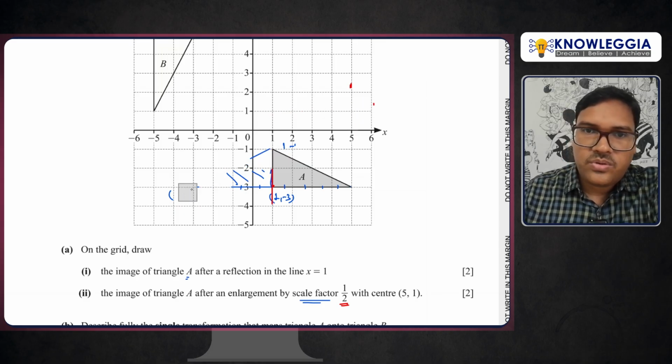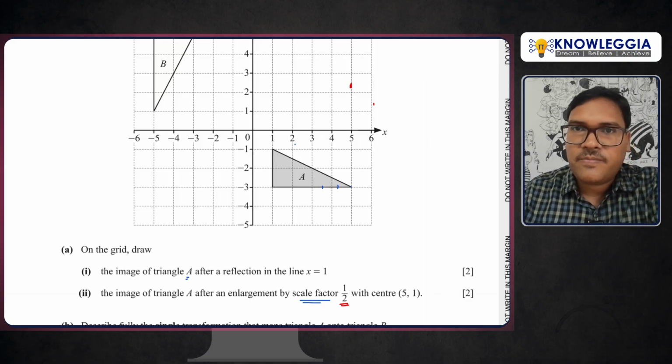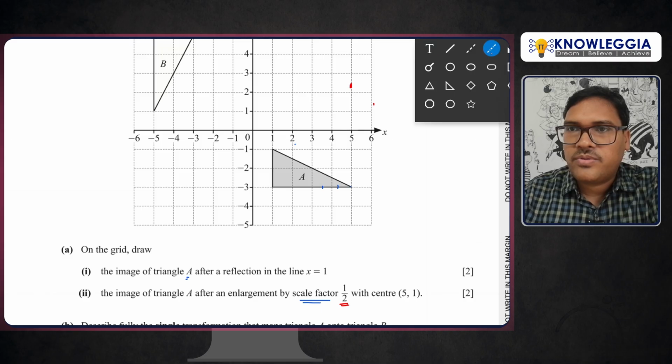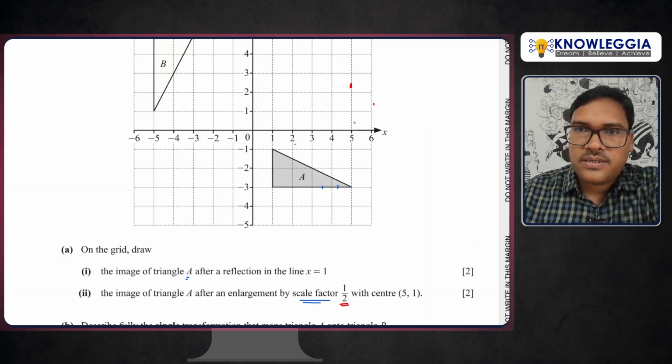Okay. So now the first part is done. So now the second part we are drawing. Just to understand, I'll just draw lines so it will be easy to understand. What I'm trying to say is, let's say I'm assuming this is our x-axis and y-axis. Okay. You'll understand why I'm doing this.